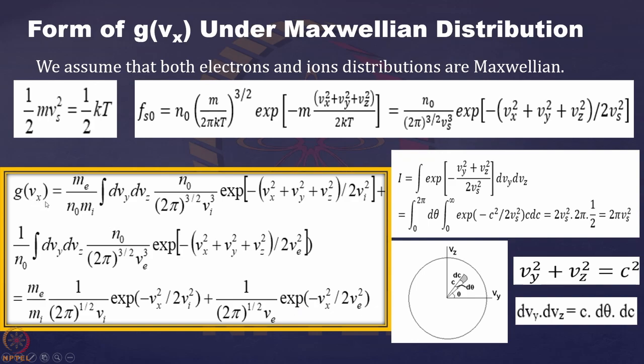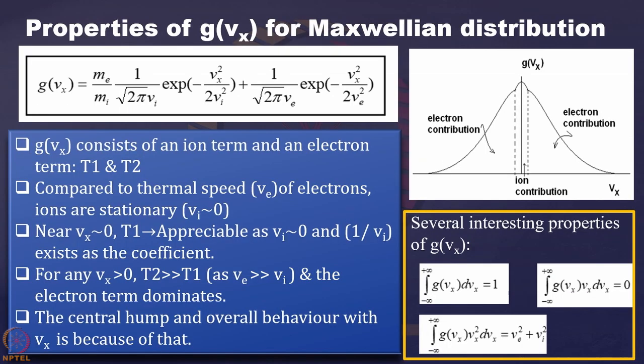Now we are in a position to get a deeper meaning of this GVX, and we will try to understand what the GVX actually means. You see that GVX has two parts: one is your ion part, and another is your electron part. Now it's a mathematical quantity.